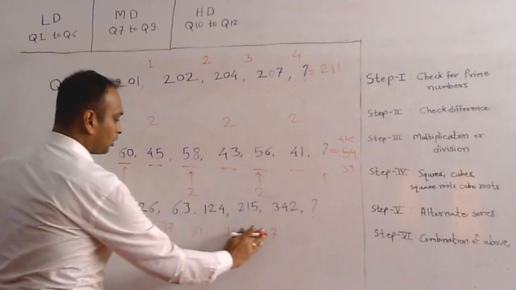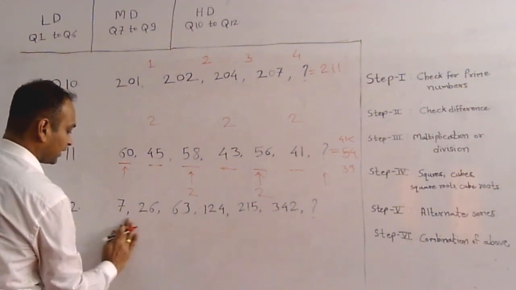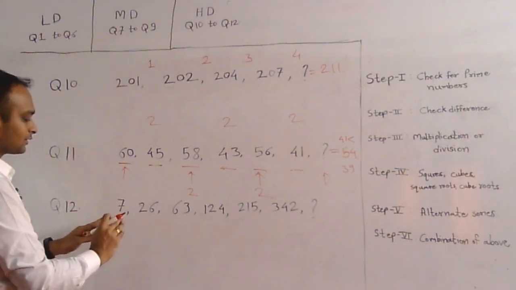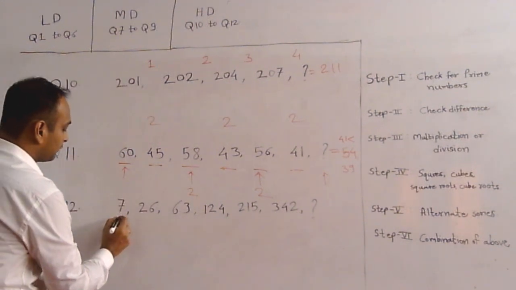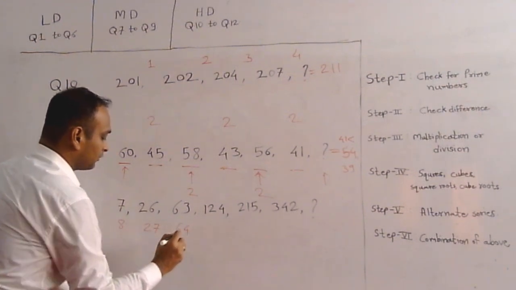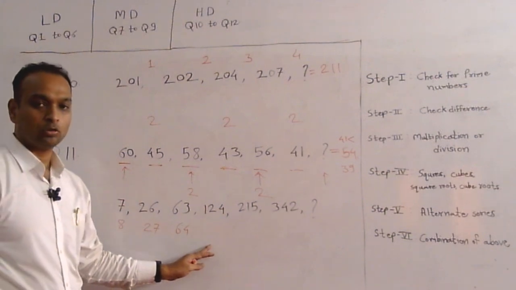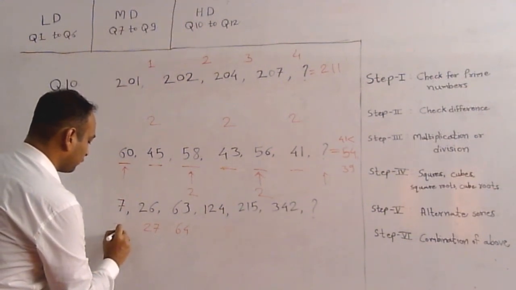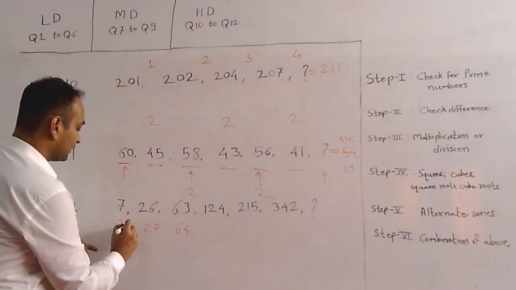Now if you observe all these numbers, 7, 26, 63, 124, all these numbers are very close to figures like 8, 27, 64, which are perfect cubes. For example, 7 is the cube of 2 minus 1.